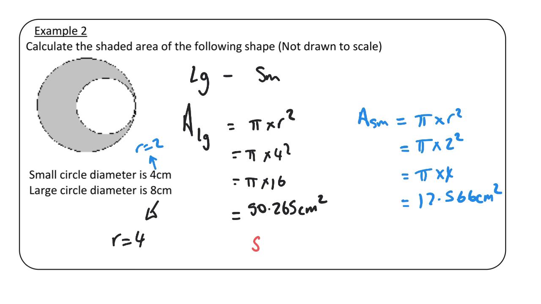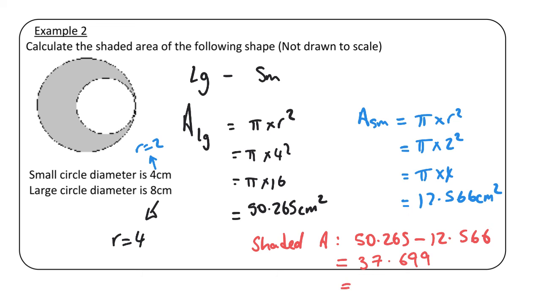So the shaded area is going to be 50.265 minus 12.566, which gives us an answer of 37.699, or 37.7 squared centimetres to 1 decimal place.